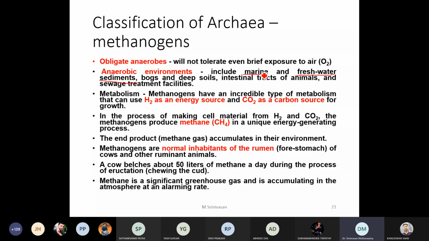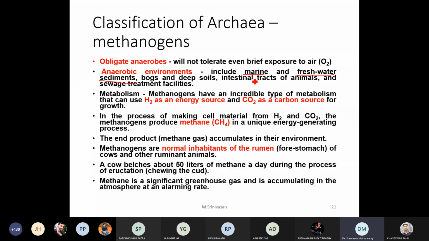The rice field is flooded with water, and in that condition where there is no oxygen, these methanogenic bacteria can grow, and that is why the cultivation of rice releases methane into the atmosphere, because these organisms release methane.